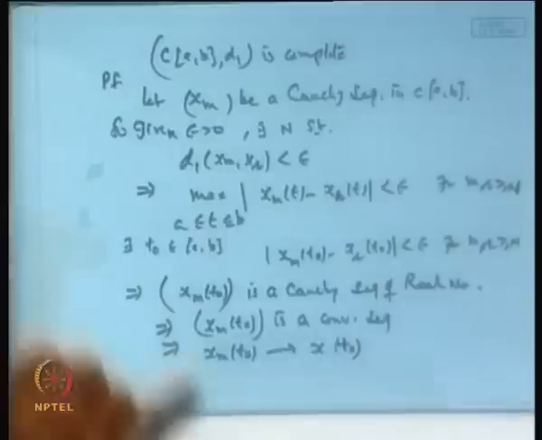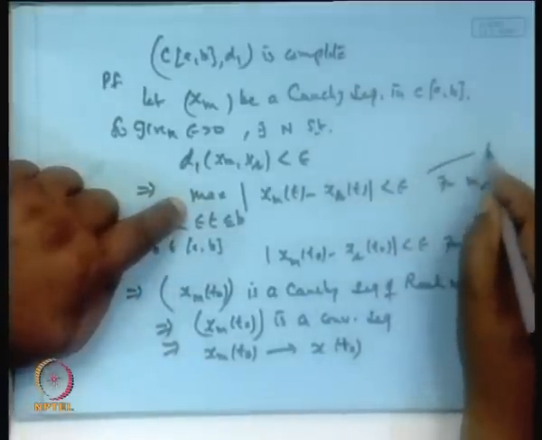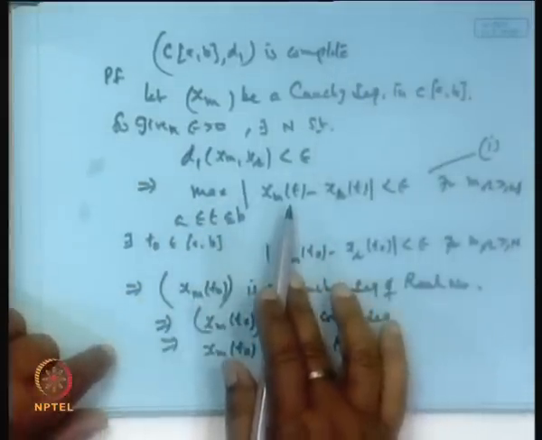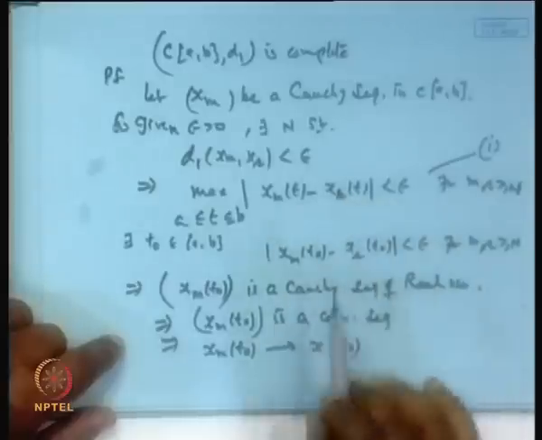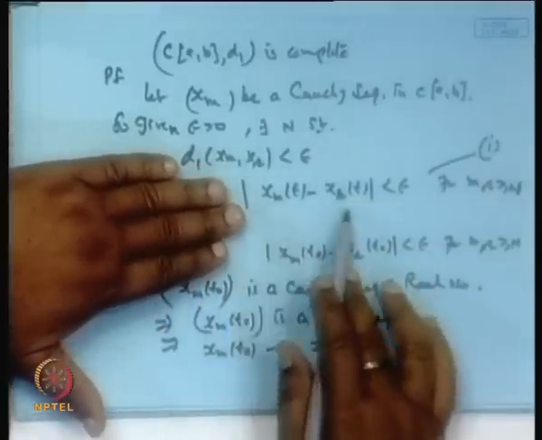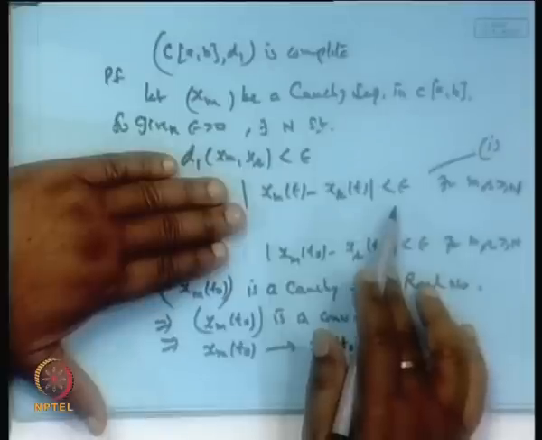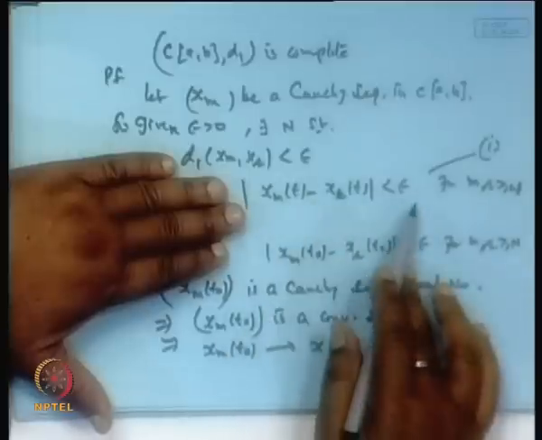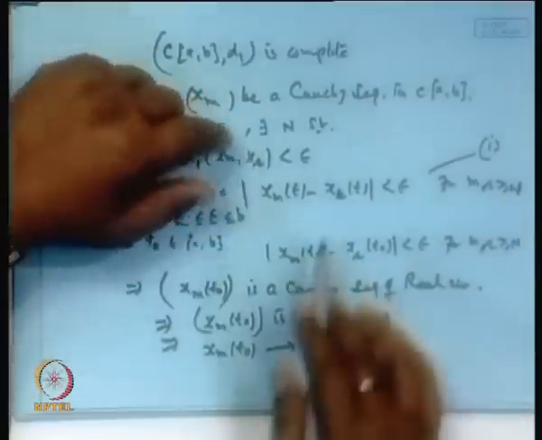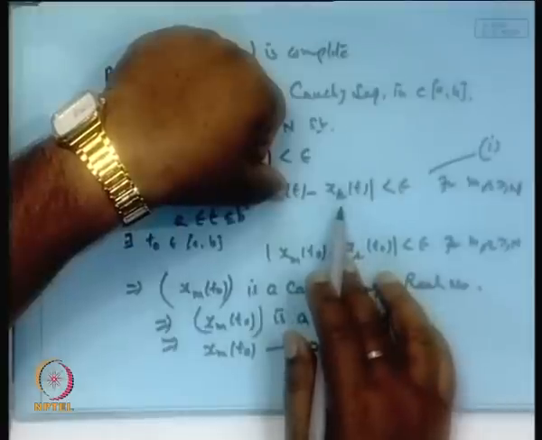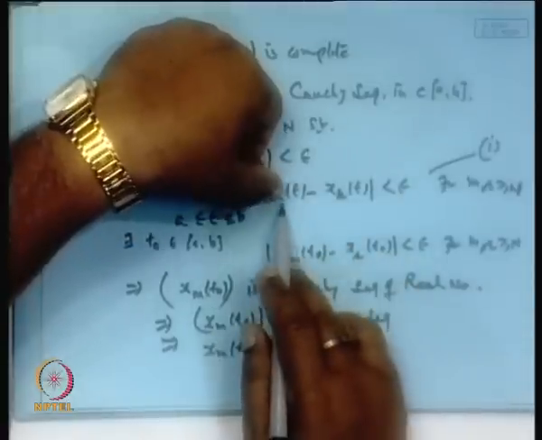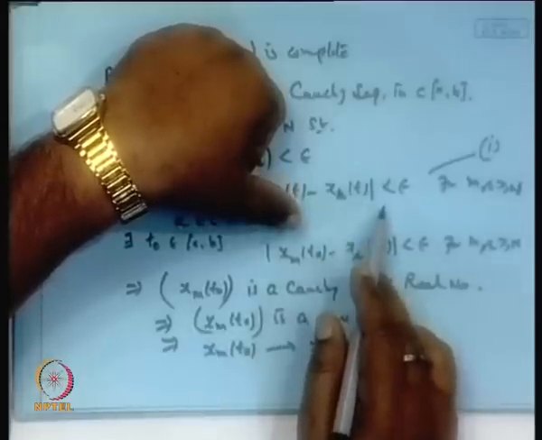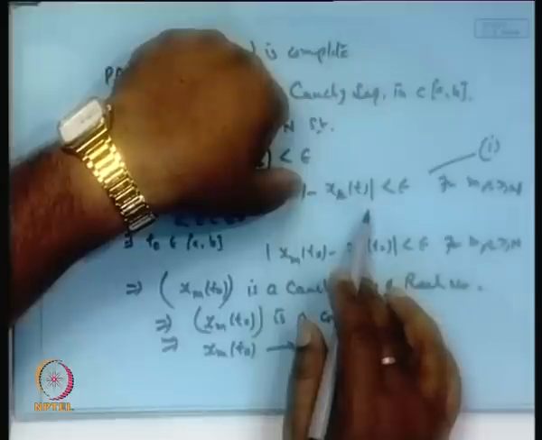Why? If we look at the given condition, the maximum of |x_m(t) - x_r(t)| is less than epsilon. It means for all t, the difference is less than epsilon. Clear? So, this inequality is true for all t. Now, if I take m fixed and let r tend to infinity, then what we get is |x_m(t) - x(t)| less than epsilon, and this is true for all t.